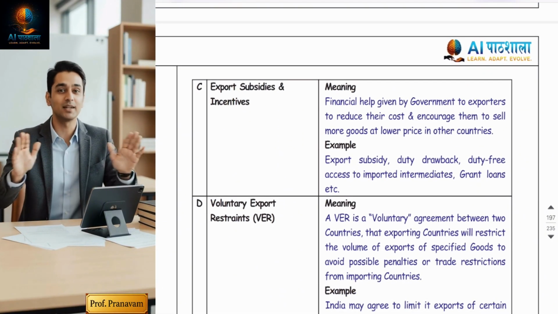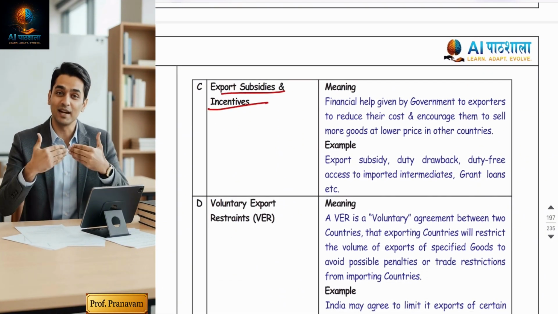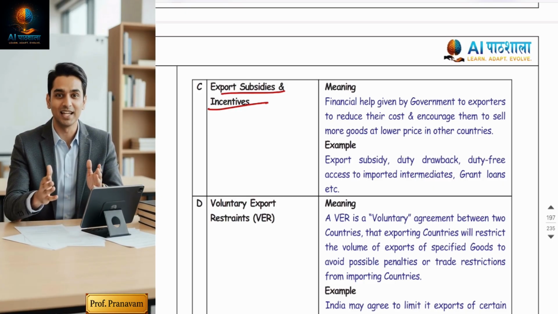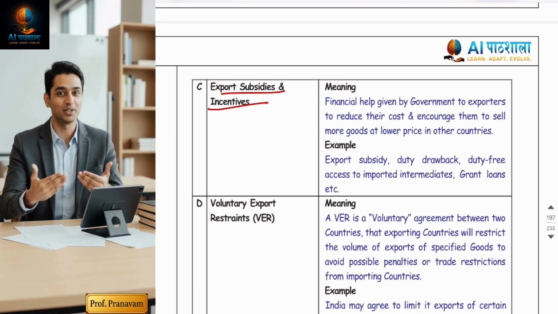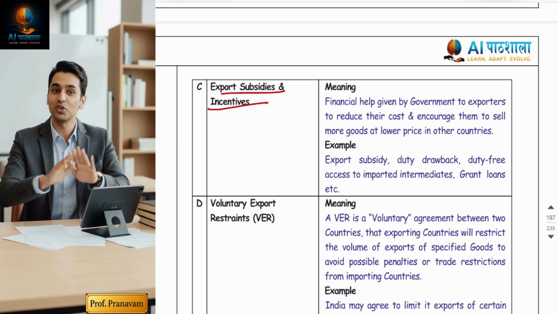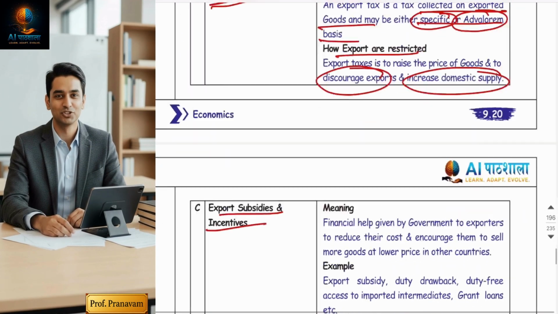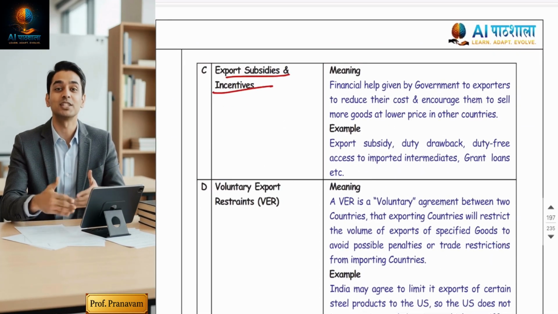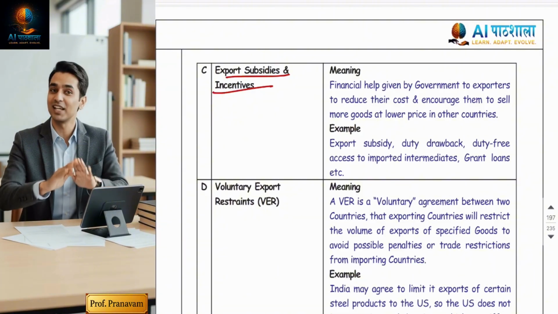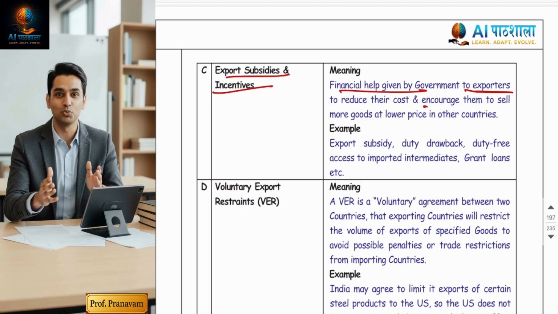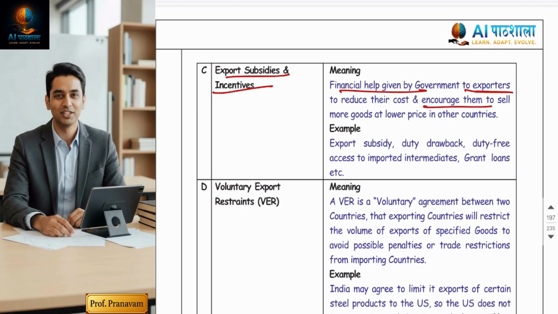Then export subsidies and incentives. Of course, majorly government never restricts exports. They always encourage exports. So government will not charge tax. It is totally opposite of B, export taxes. Now government will give financial assistance to the exporter who sells goods outside India, to encourage exports.